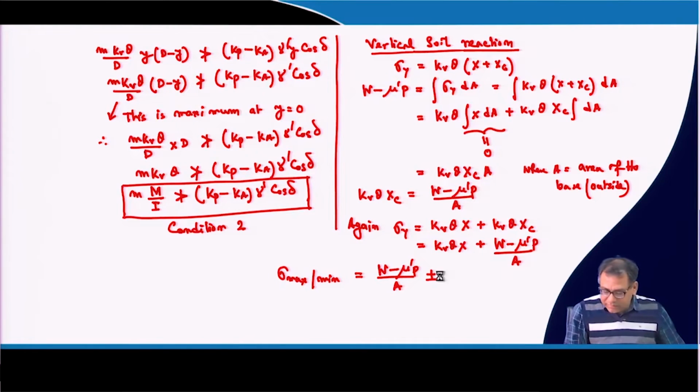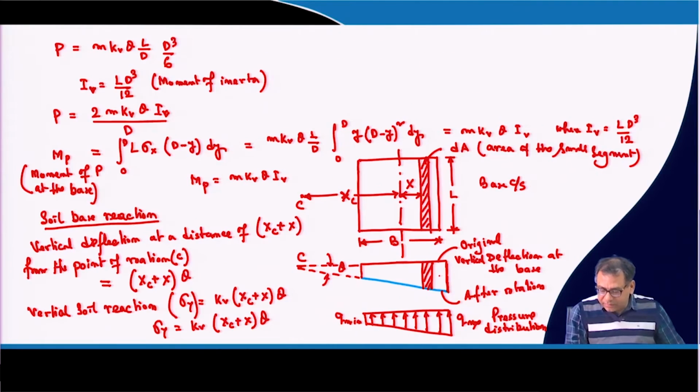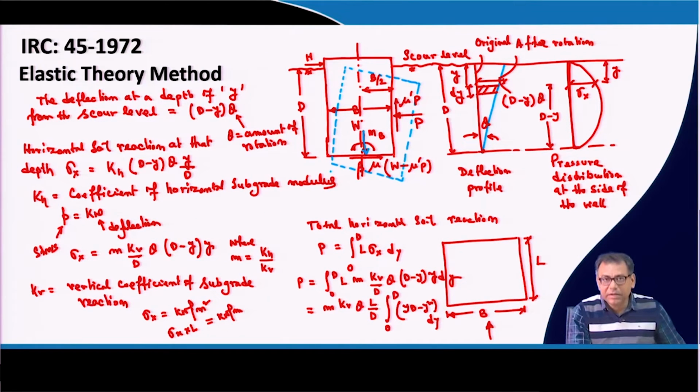Why plus minus? Because there are two ends: this is the minus b by 2 point, this is the plus b by 2 point, because this is the width.